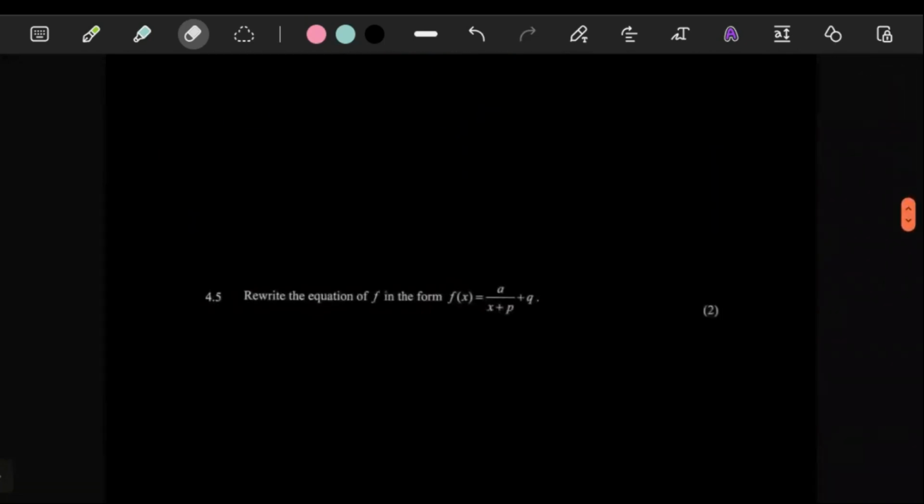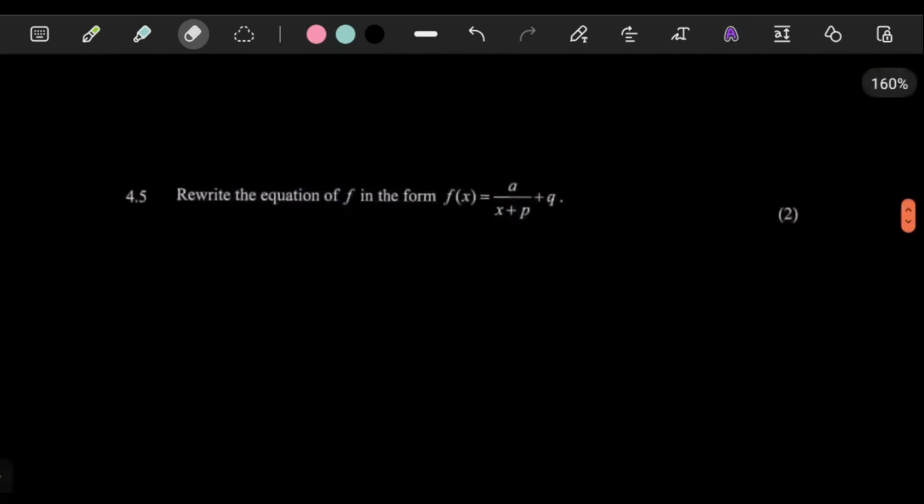4.5 says rewrite the equation of f in this format. Well, you may be asking yourself, how do you even do that? This is one of those cheat questions. When I say cheat questions, I just mean they're usually weird.